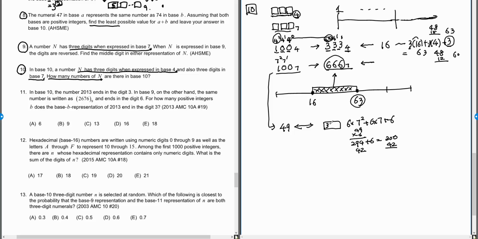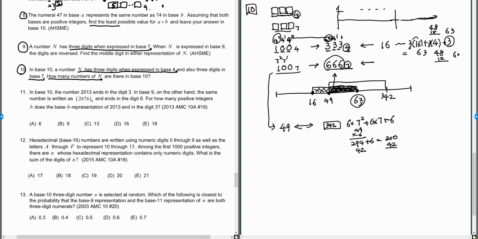So this goes up to 342, very big numbers. To satisfy both, only this range works: when you switch to base number 4, it is 3-digit, and in base number 10 it is also 3-digit. So we're going to find these numbers.